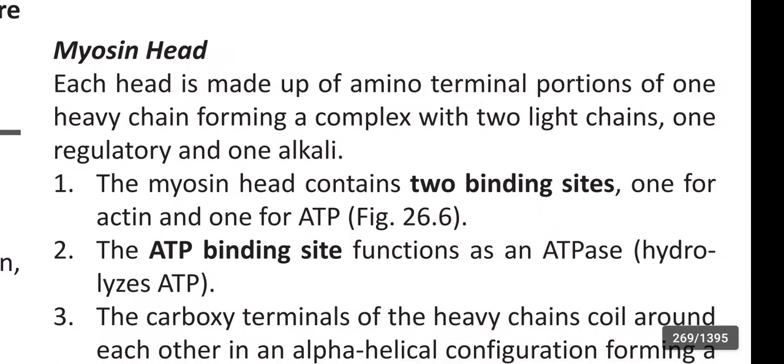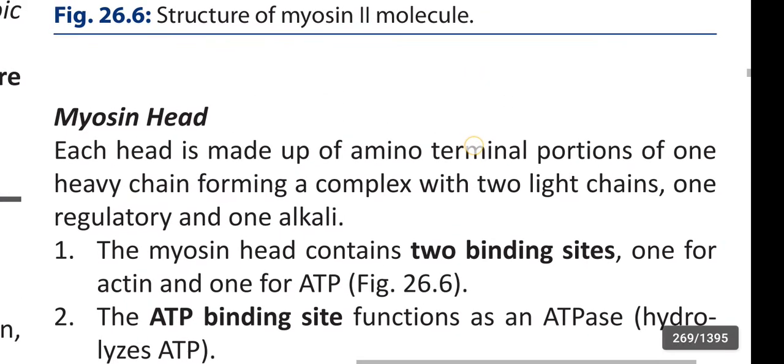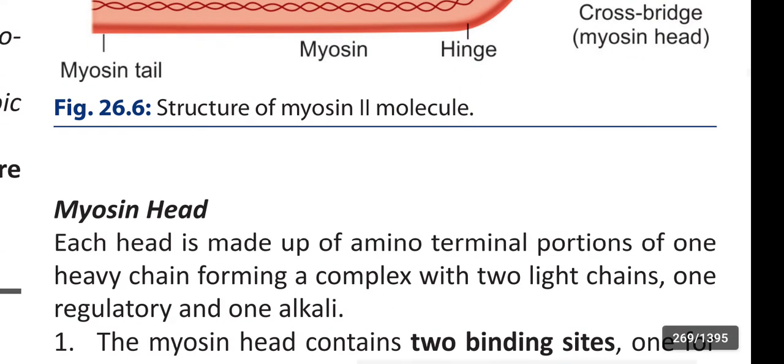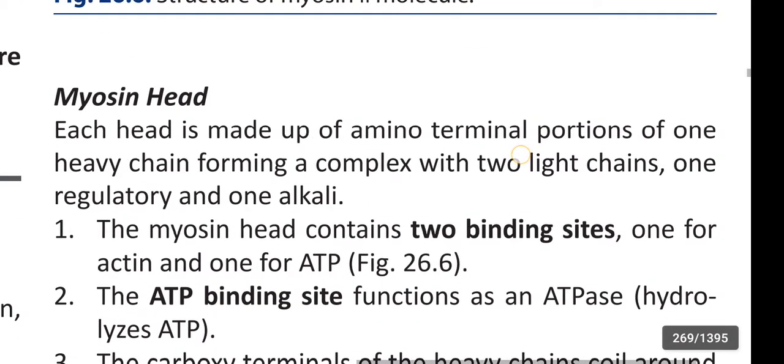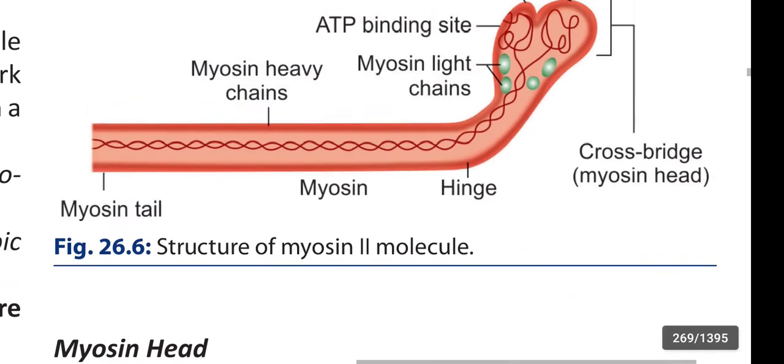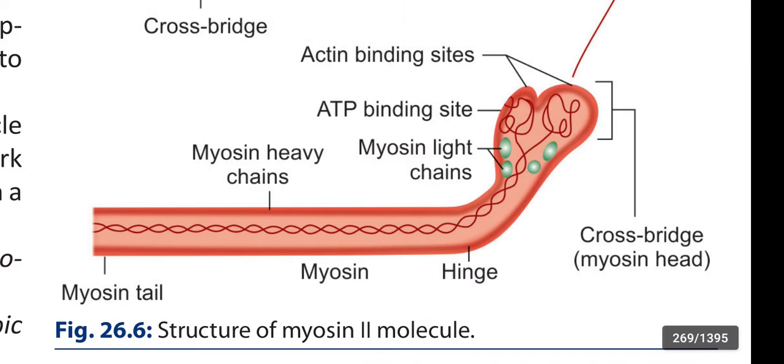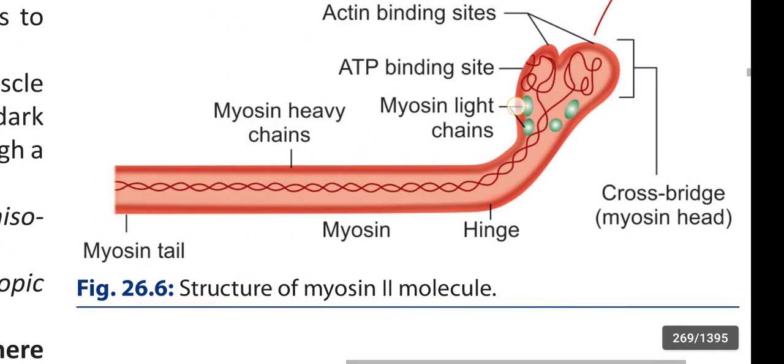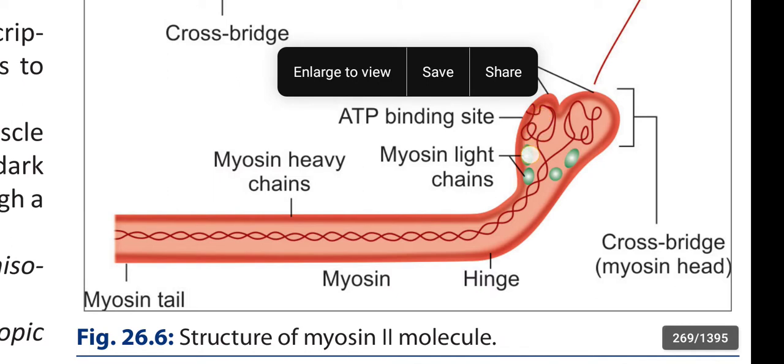Each head is made up of the amino terminal portion of one heavy chain, forming a complex with 2 light chains, one regulatory and one alkali. If you observe here, this is the head region and it is composed of 1 heavy chain. These are the 2 light chains.